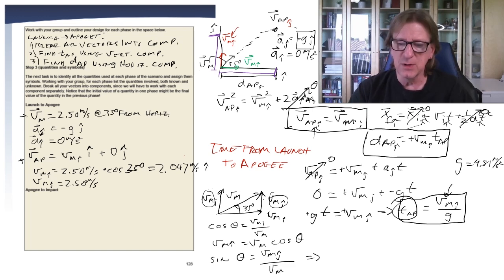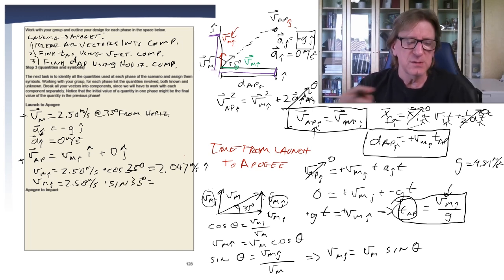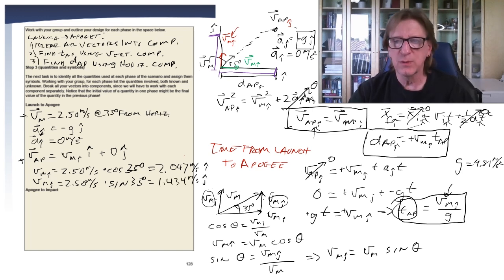And so VMJ is equal to VM sine of theta, so times sine of 35. Let's do that one then. We get 2.5 times sine 35, and I get 1.3434 meters per second j hat. And remember, we don't have 4 significant digits of precision. We're going to have to shorten that, but it's okay to keep some for your intermediates.